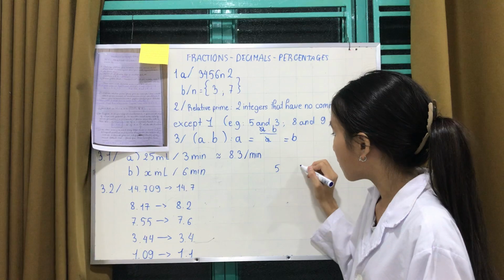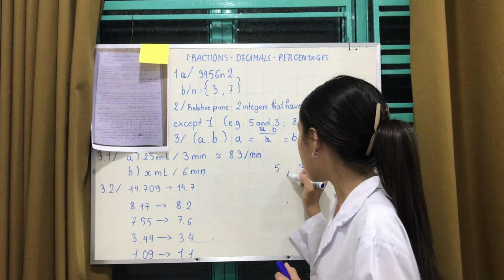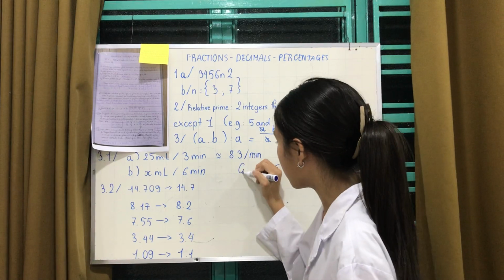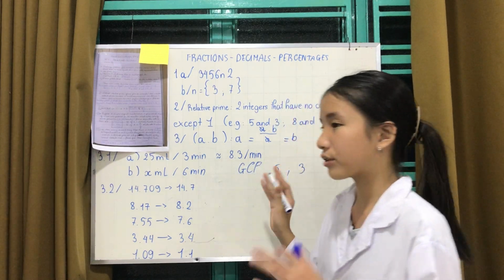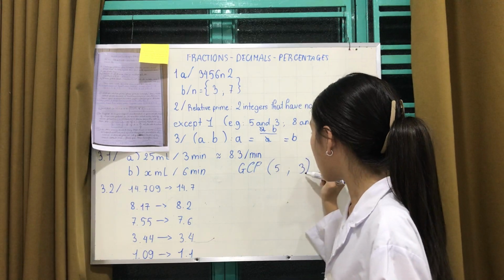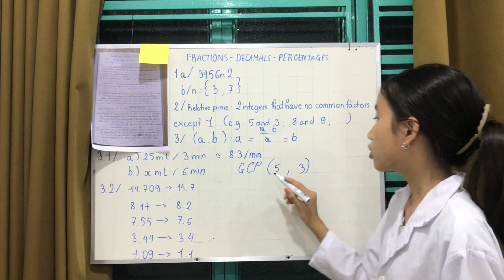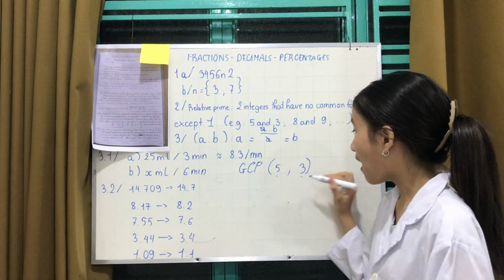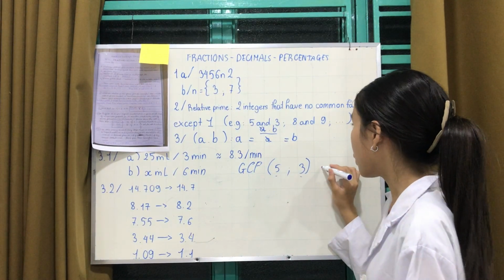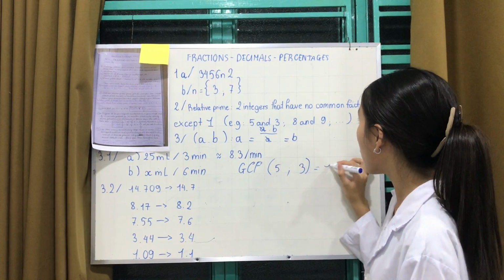5 and 3. Let's find the greatest common factor, GCF, or greatest common denominator. Okay, so greatest common divisor, I mean. The GCF of 3 and 5 will equal 1.